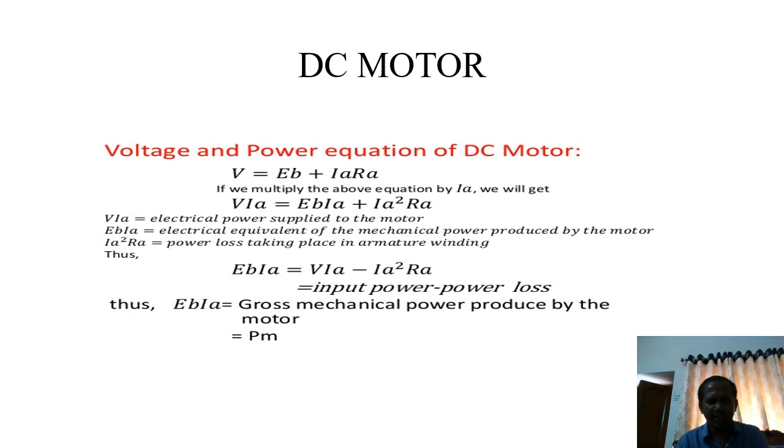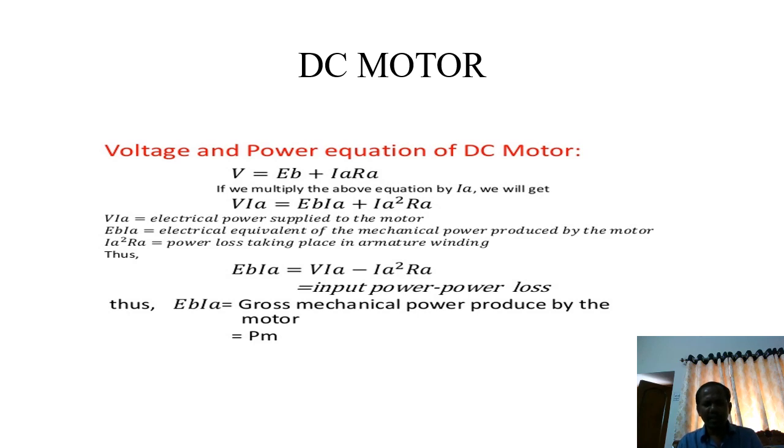Multiplying with the armature current, you will get VIa is equal to EBIa plus Ia squared Ra. So here you can see what VIa, EBIa and Ia squared Ra are. Here the terminal voltage is V. When multiplied by the armature current, VIa is the electrical power supplied to the motor.